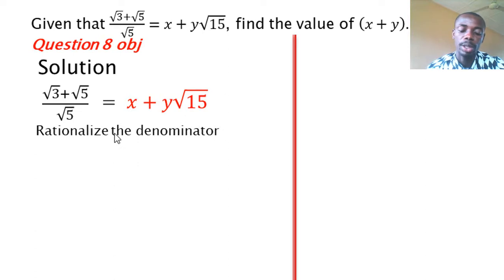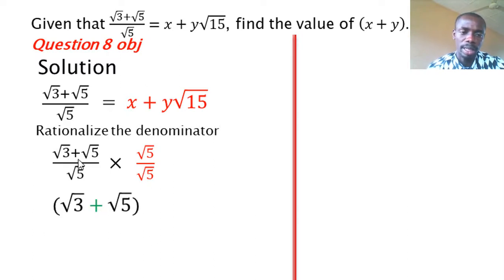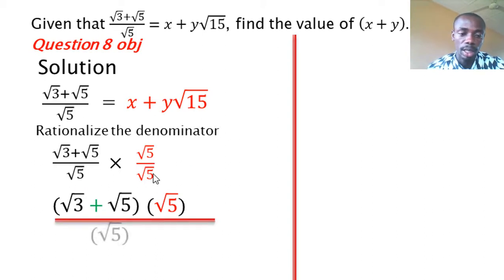So how do we go about that? Let's rationalize our denominator. When we rationalize our denominator, which is root 5, that's going to be the original question, which is this, then multiplied by root 5 divided by root 5. I believe you understand that. So that is rationalization. So after that, we'll move on by getting root 3 plus 5, then multiply by root 5 in the numerator, everything over root 5 multiplied by root 5. Okay?